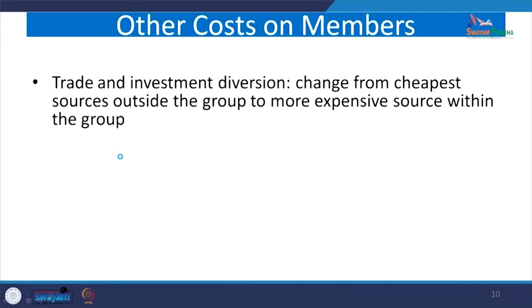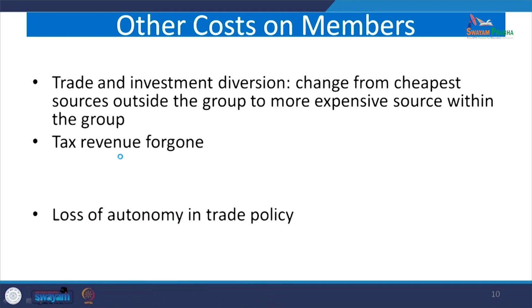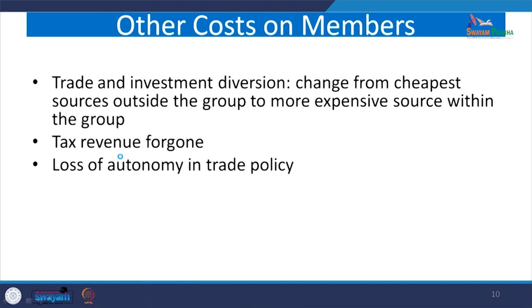So far as trade diversion is concerned, it diverts investment and trade, since the cheapest sources are cut off due to joining the member country. Similarly, it forgoes tax revenue, as we just mentioned, and there is loss of autonomy, because they are already in the group and are supposed to follow whatever the group decides.